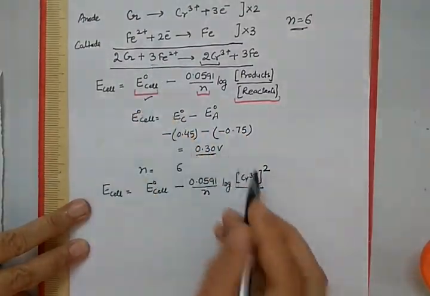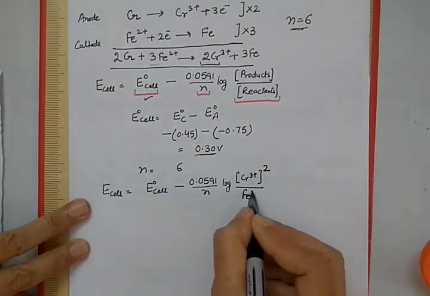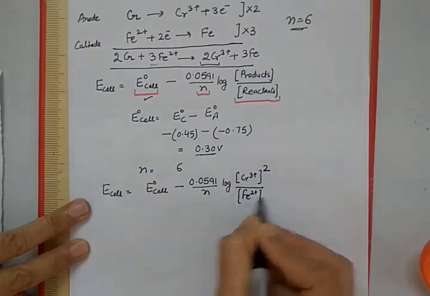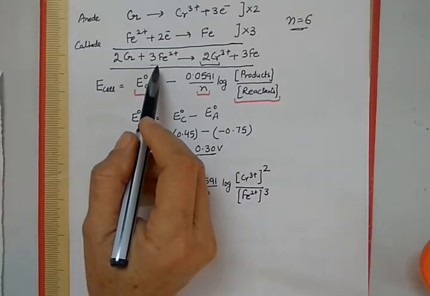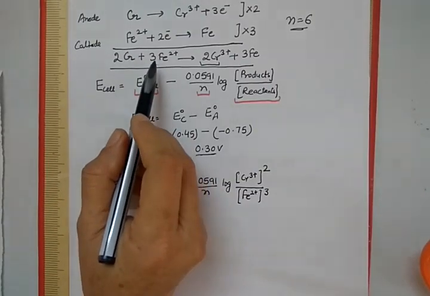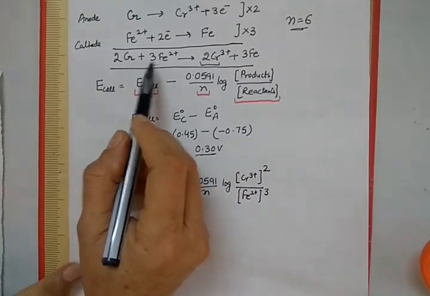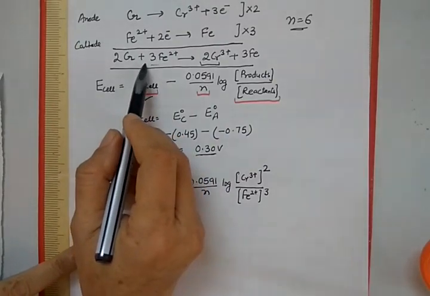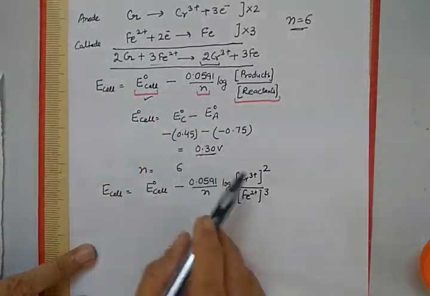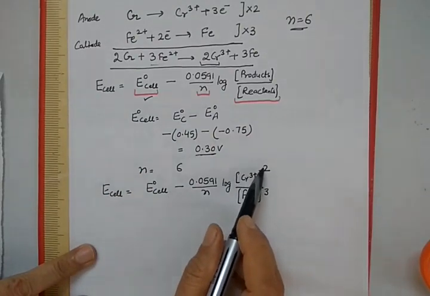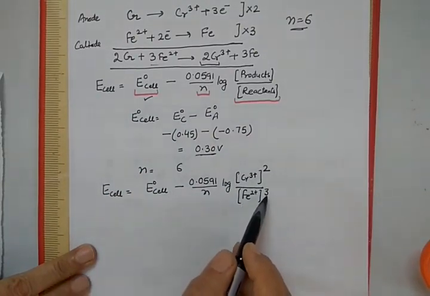In reactant there are iron ions, Fe2+ raised to power 3. Clear? Whatever the number of ions, the concentration will be raised to that power. This you have to remember. If there is 1, no need, then we simply take the concentration, but if there is a number of ions taking part, the concentration will be raised to the power equal to their stoichiometric coefficients.